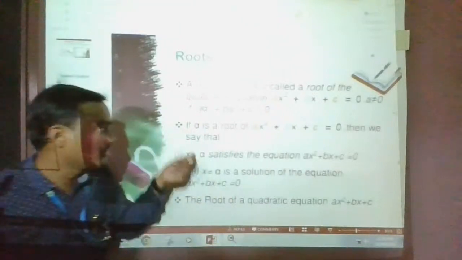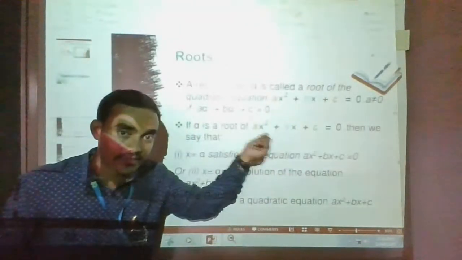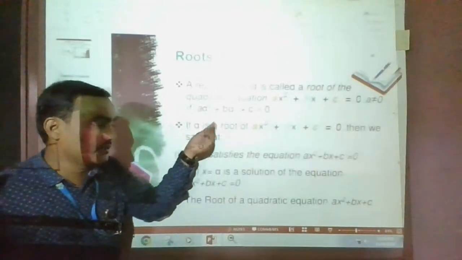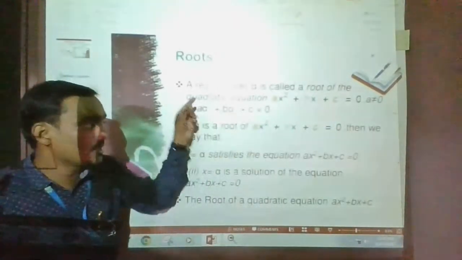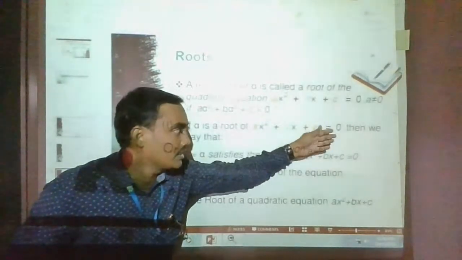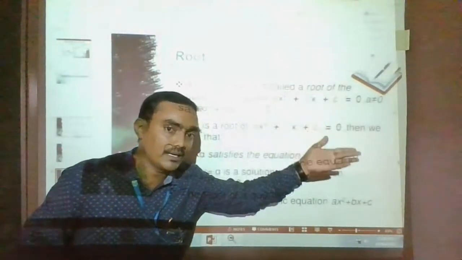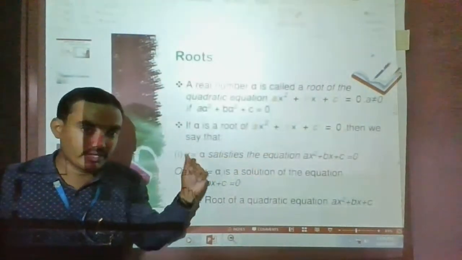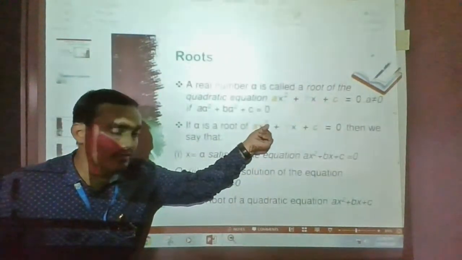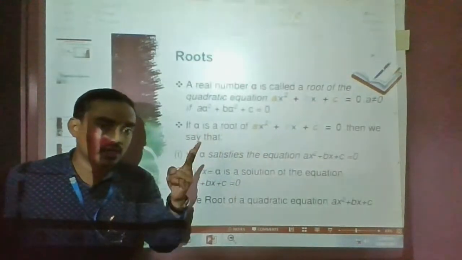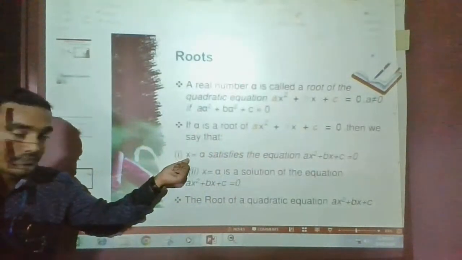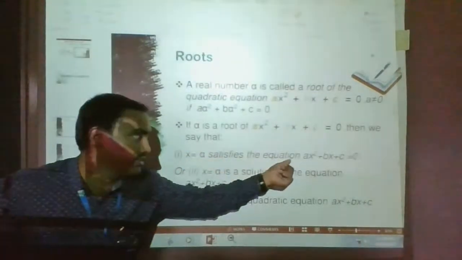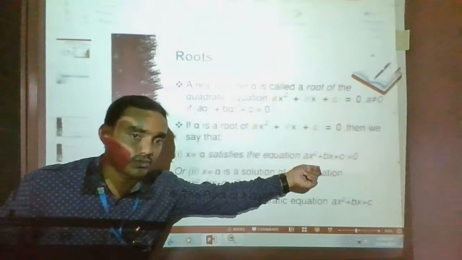Is it clear? Once again, alpha is a root of the given equation means if you substitute the alpha value, suppose 1, 2, whatever it may be, and after substituting the answer becomes 0, then automatically it is a root of the given quadratic equation. Quadratic means degree 2, so you will get two solutions. Here, first, x equals alpha satisfies the equation ax square plus bx plus c equals 0.